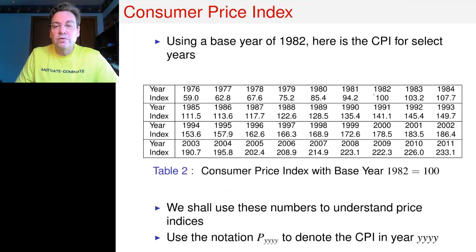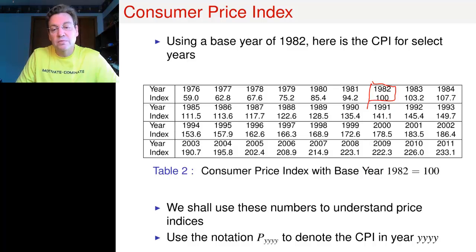Here we have used the base year as 1982. It's arbitrary what base year we choose. And then all the other CPIs are relative to that base year value. So what you can see here is that in general, you're going to see that prices are rising over time.